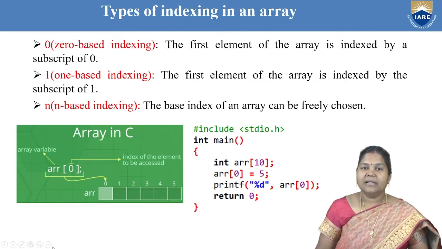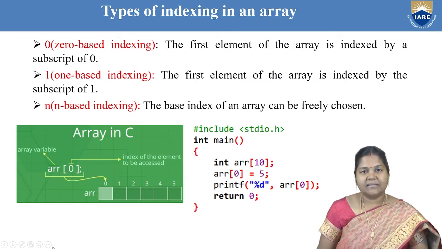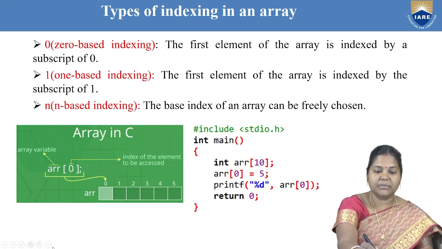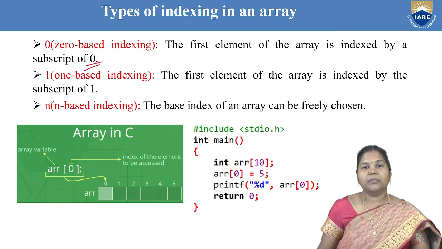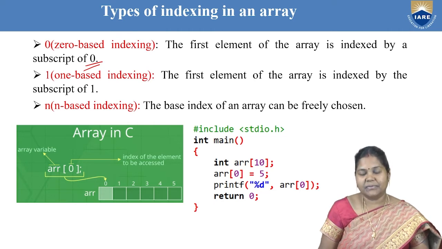Now, what are the different types of indexing used in arrays? Basically it is of 3 types: 0-based indexing, 1-based indexing, or n-based indexing. 0-based indexing means the first element of the array is indexed by a subscript 0. Most programming languages use 0-based indexing, including C language.